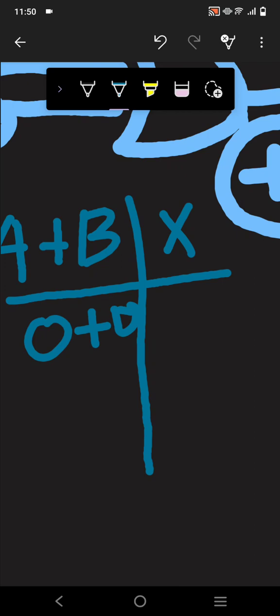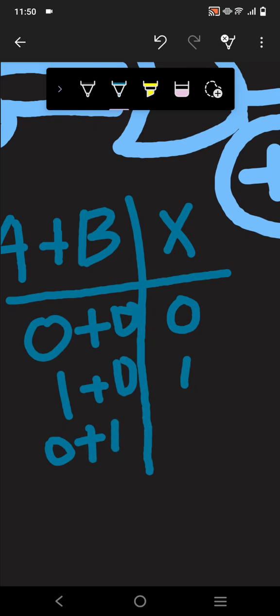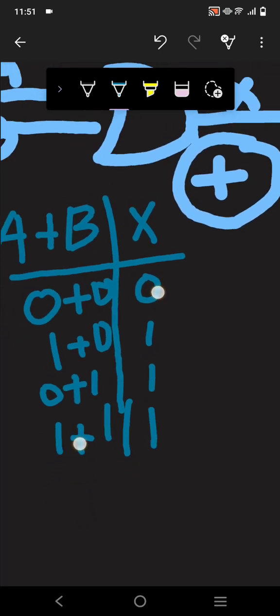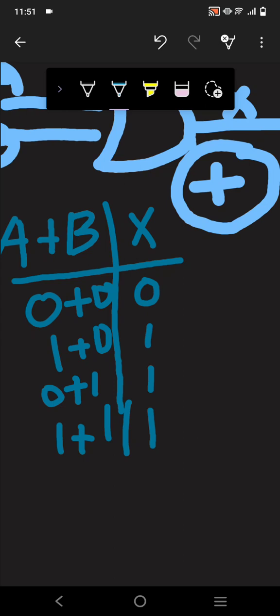So 0 plus 0 is equal to 0. 1 plus 0 is equal to 1. 0 plus 1 is equal to 1, and 1 plus 1 is equal to 1. You must be thinking why it is not 2, because here we are discussing only binary numbers.